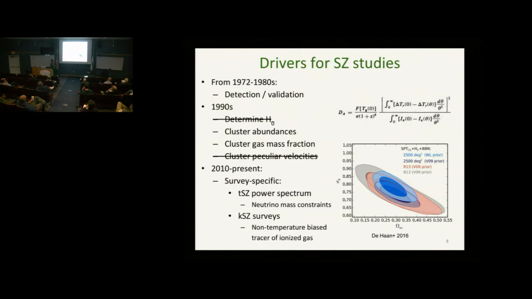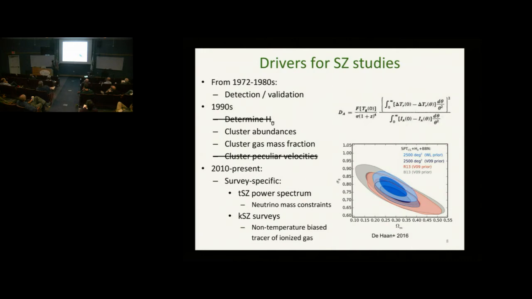Similarly, we can go after kinematic SZ surveys, probably stacking galaxy clusters. And here you get a non-temperature biased tracer of gas. So when you go down to the lower masses, like galaxy groups, your gas temperature is not that hot, but your kinematic SZ might in fact dominate at the survey level.